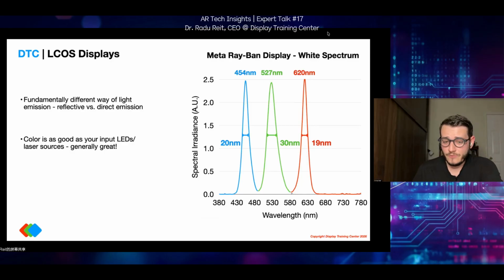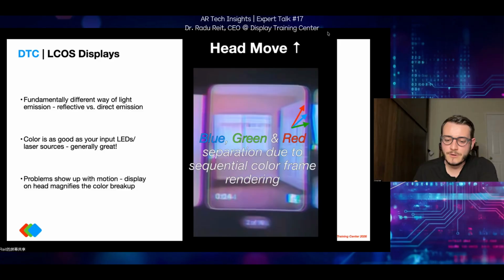The color purity itself is excellent because the input LEDs are themselves very excellent in terms of color purity. But as I talked about, what you're really looking for is that time delay between the individual blue, green, and red channels. We take the Meta Ray-Ban displays here, and we actually move the head, in this case, in various directions in X, Y, and capture this with a 120 frames per second camera capture rate.